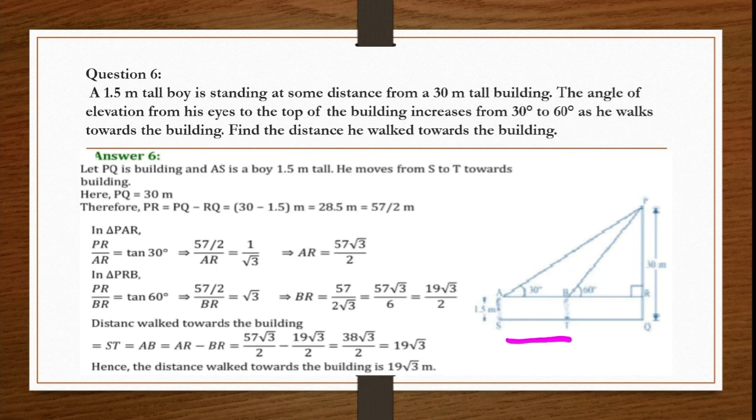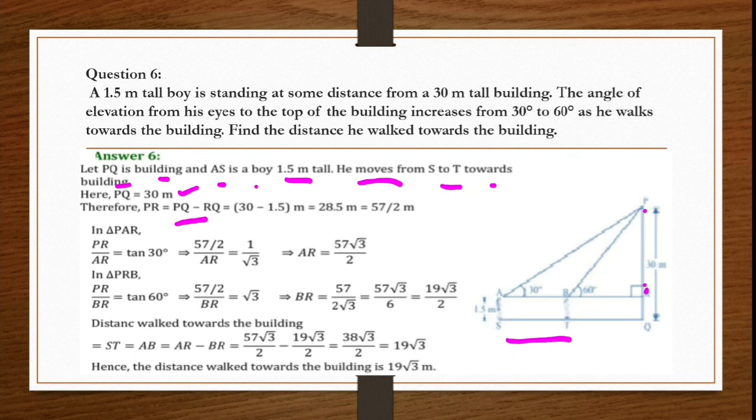If you look at the figure, this ST and this AB are both the same. So if you can find the value of AB, then our required distance will be solved. So let PQ be the building, AS the boy, 1.5 meters tall. He moves from S to T towards the building. Now PQ, the height of the building, is given as 30 meters. So PR will be PQ minus RQ.